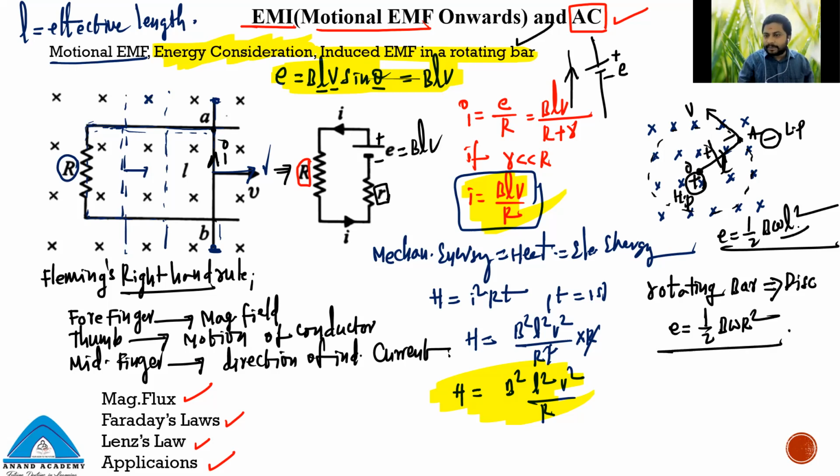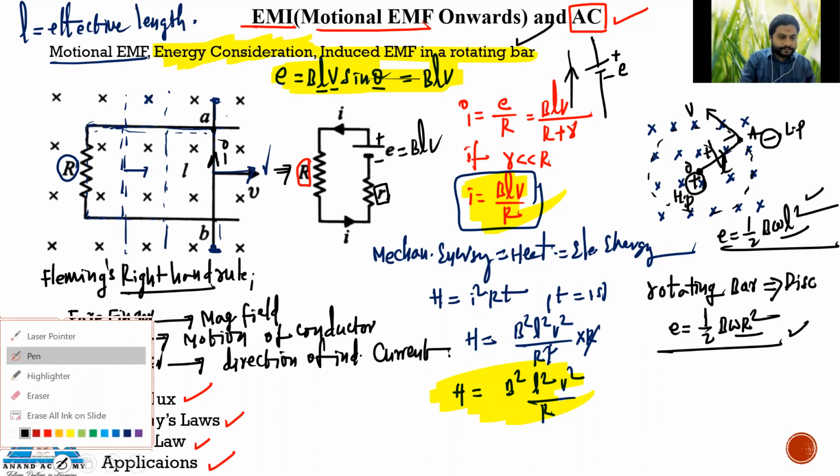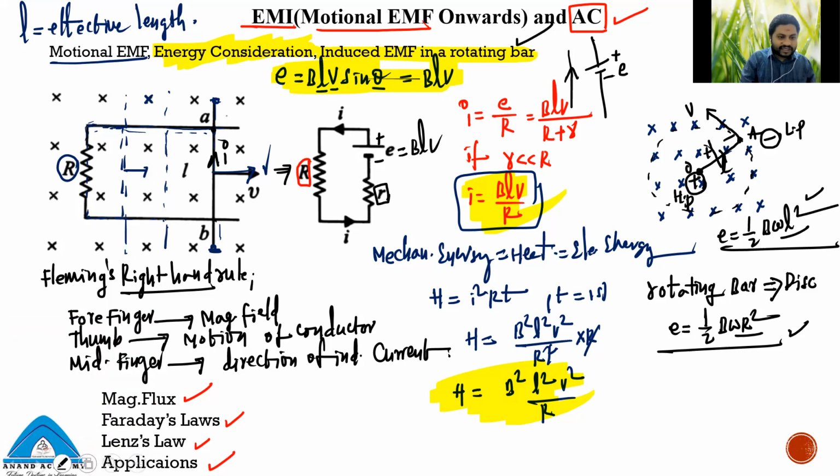Just here, in the place of length, it becomes the radius of the disc. So all these formulas are important. If you're lucky enough, you may get a similar question from this slide in your final NEET CET exam, right? So many formulas are here. So this is about motional EMF, energy conservation, and induced EMF in a rotating bar.